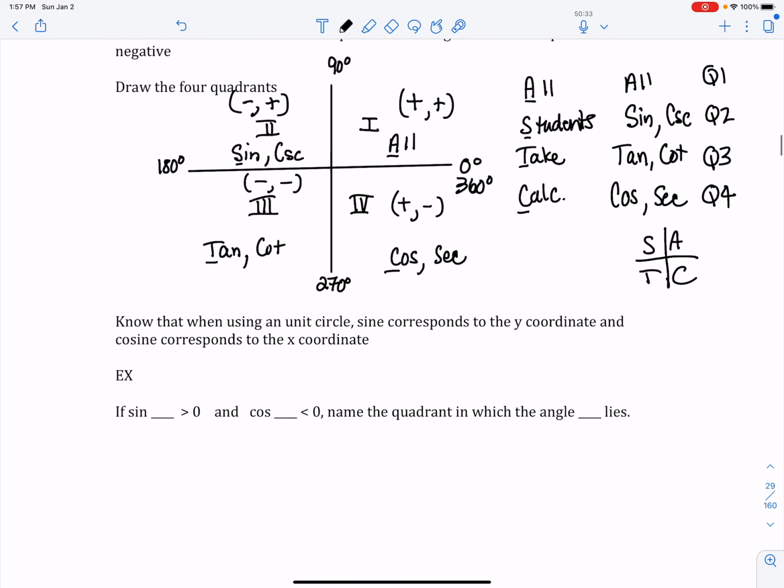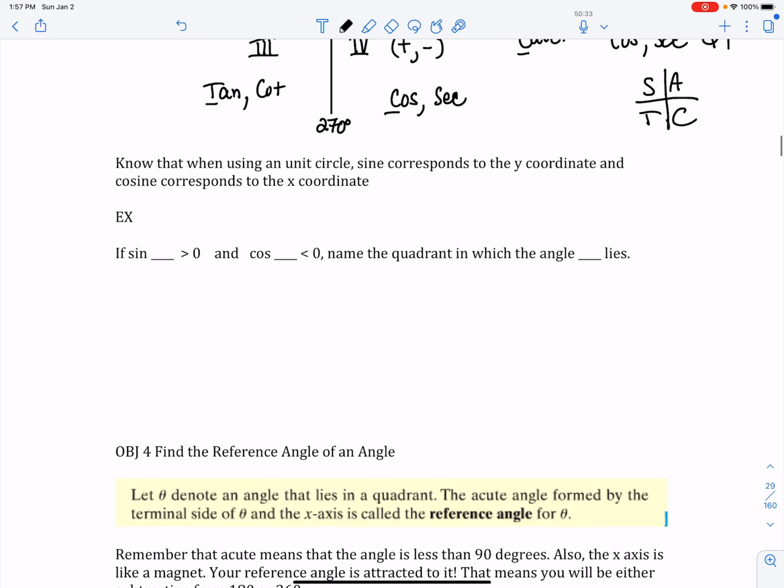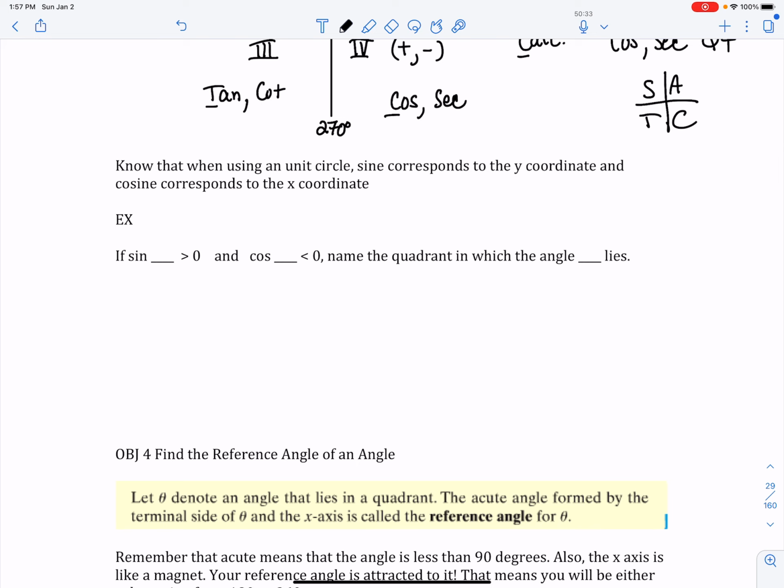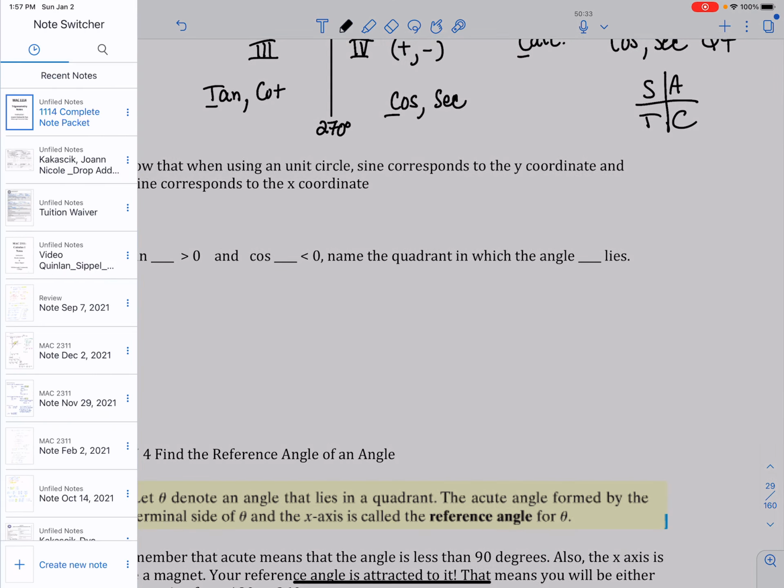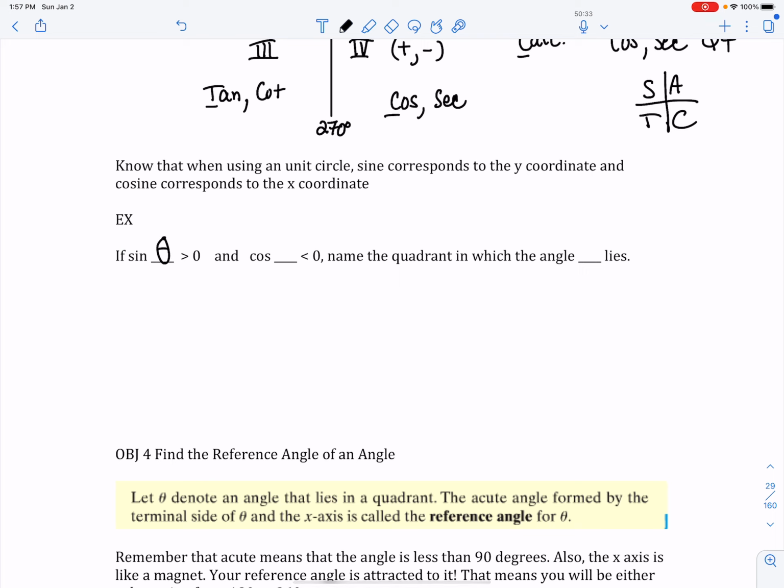So here's an example of a problem which would require you to know what's positive where. It says if sine theta, and you're going to need to draw in the theta there, is greater than 0 and cosine theta is less than 0, name the quadrant in which the angle theta lies. Okay, so if I use a little mnemonic device, and by the way, you can use either the signs like plus plus, minus plus, minus minus, plus minus for the 4 quadrants, or this, it's up to you.